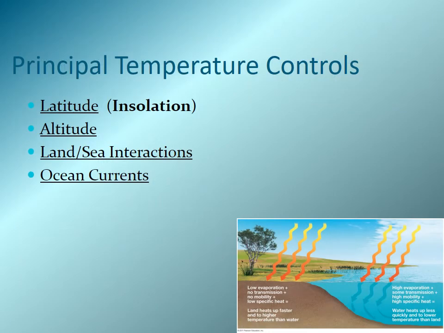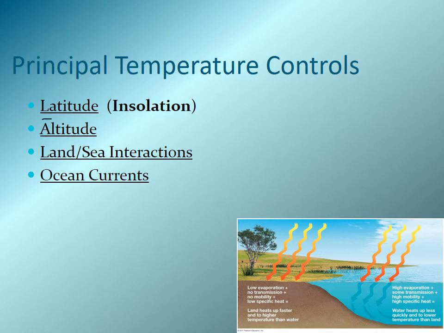So what we're going to do now is, instead of looking really globally here, we're going to go more specific into local regions and what exactly controls temperature. And these are the 4 primary controls of temperature. There are other ones, but these are the ones we're going to focus on in this course.